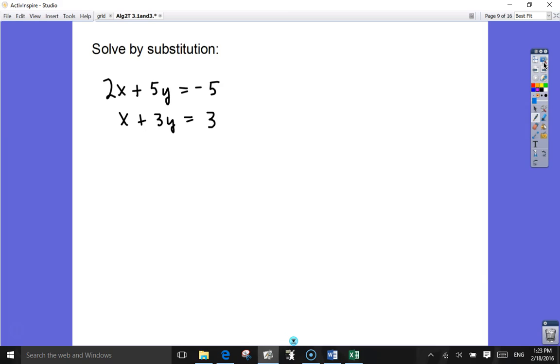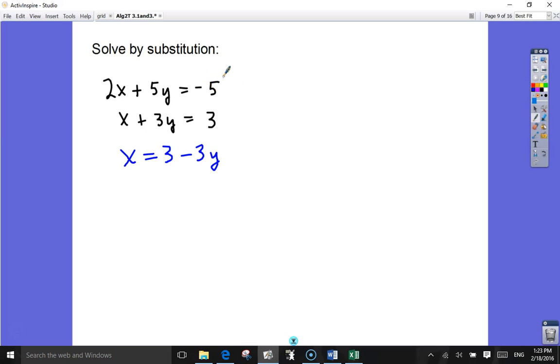Okay, so the first step would be to solve that. Let me get back to blue. So this is x equals 3 minus 3y. Okay, second step: substitute for that variable in the other equation.